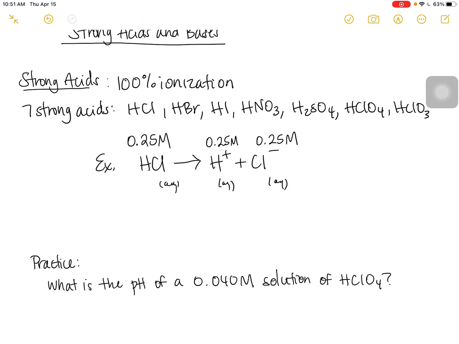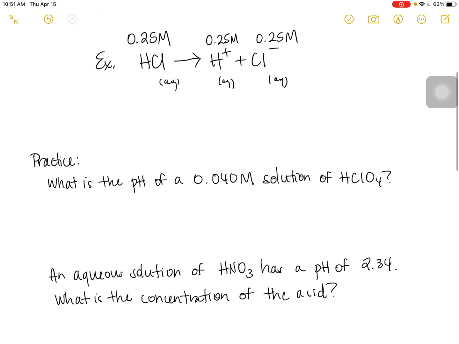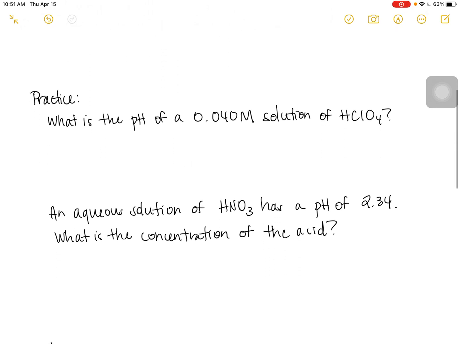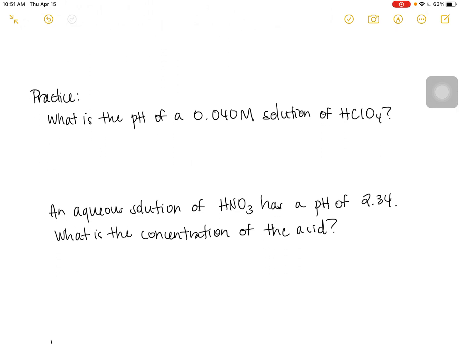Okay, so from here we can proceed with calculating pHs for strong acids, and it's a very simple idea to do. So look at these practice problems. The first one says, what is the pH of a 0.04 molar solution of HClO4? Well, of course, this is strong. And so if I had a solution of this, ionization occurs 100% of the time.